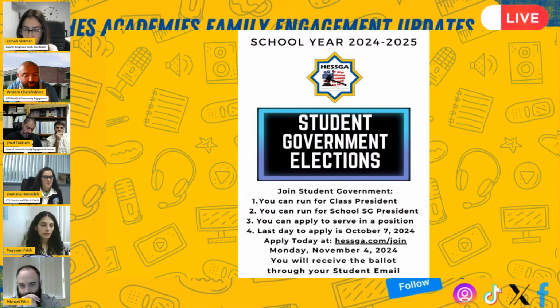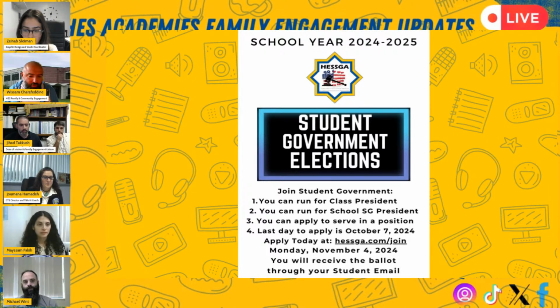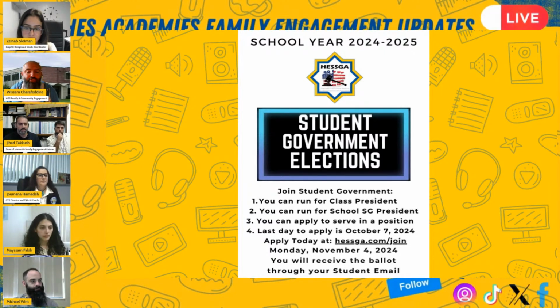So the student government elections will take place in the first hour on Monday, November 4th. The rest of October, after October 7th, and starting next week, the students running for class president or for school president will start initiating their campaigns.